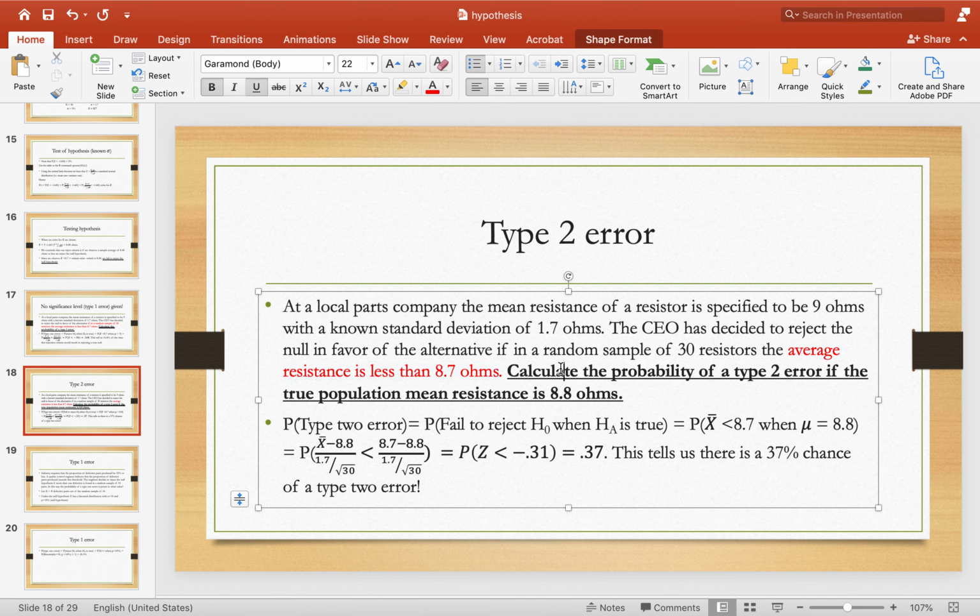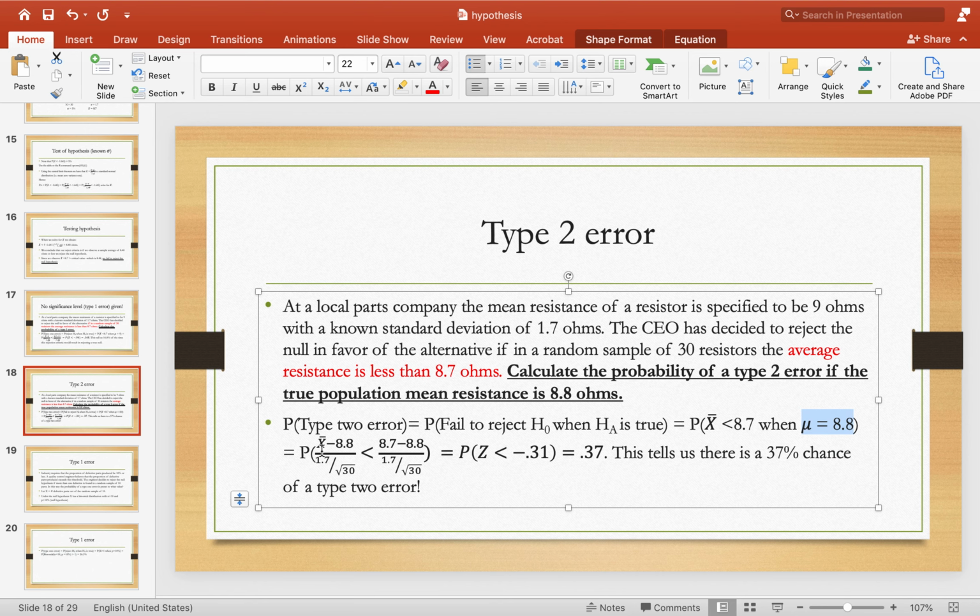And I'm being asked to calculate the probability of type 2 error if the true population mean mu is 8.8. So type 2 error means fail to reject H0 when the alternative is true. And I'm being told that the alternative mean is 8.8. So mu is 8.8 here. So I want to calculate probability x bar is less than 8.7 when mu is 8.8.